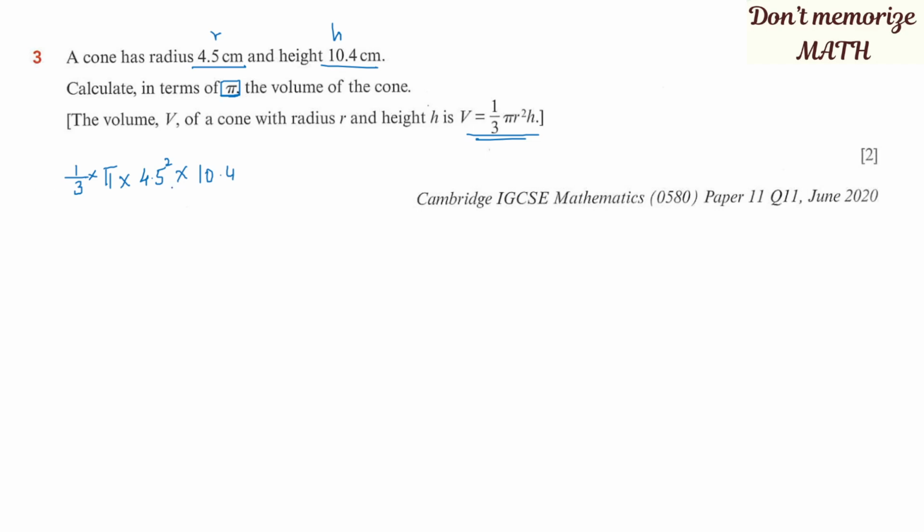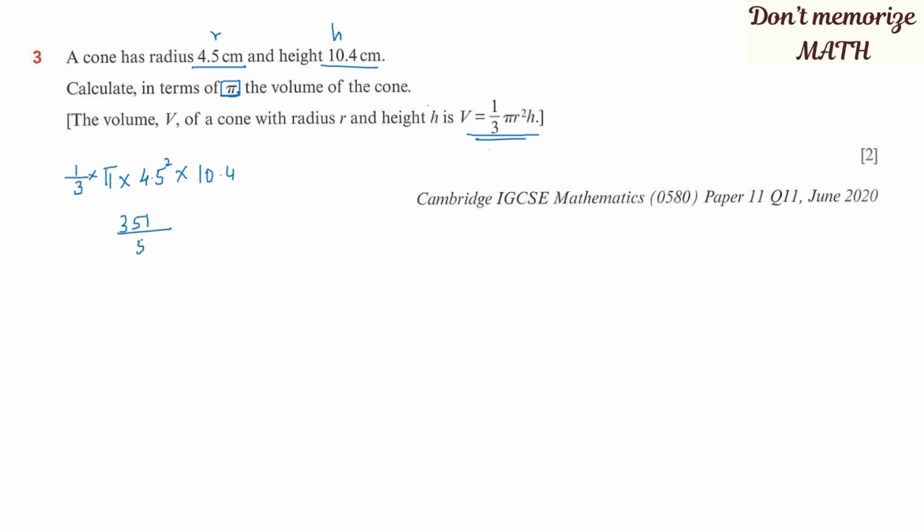Either you can calculate in the calculator without pi, 1 over 3 times 4.5 squared times 10.4 you can find out. That is 1 over 3 times pi times 4.5 squared times 10.4. So you will get 351 over 5 pi.